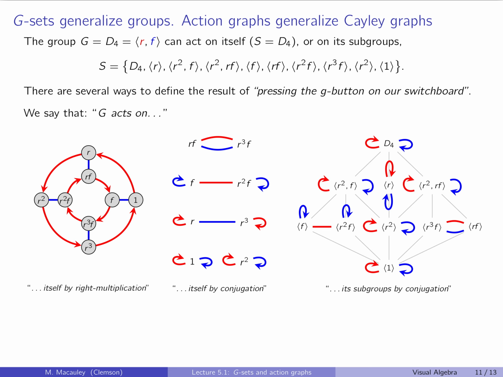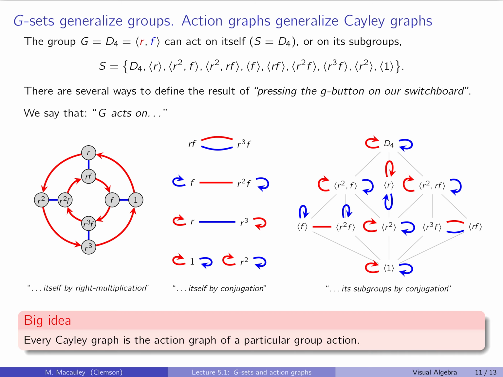And we can say that D4 acts on its set of subgroups by conjugation. We can't say by multiplication here, because if we multiply a subgroup, we don't get another subgroup, we get a coset. But I want you to notice several things. First of all, every Cayley graph is the action graph of a particular group action.